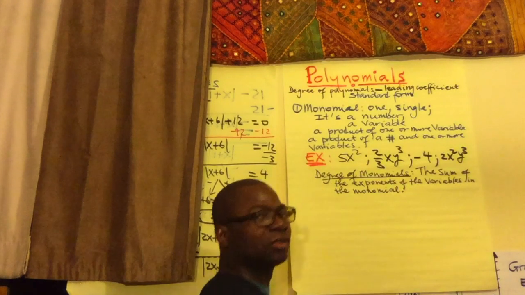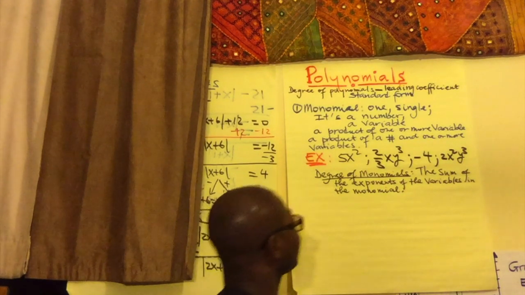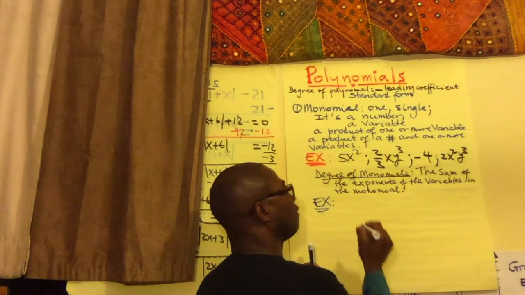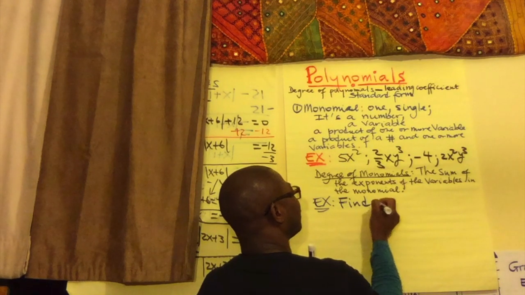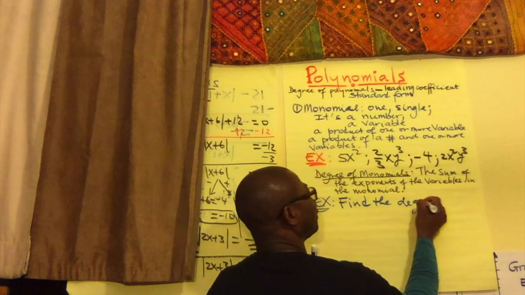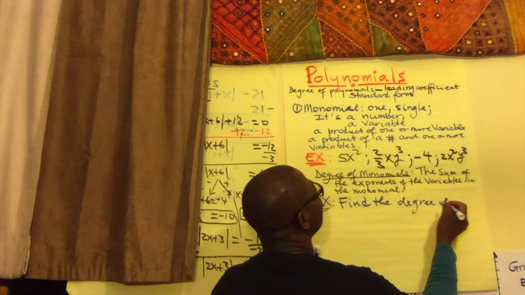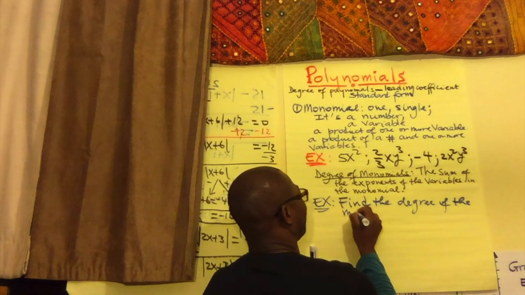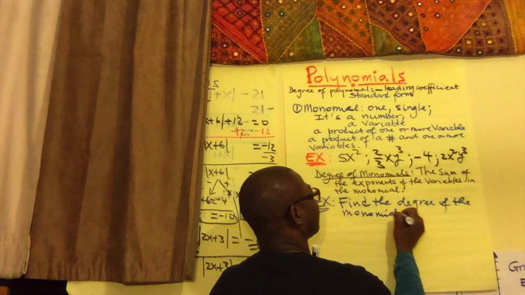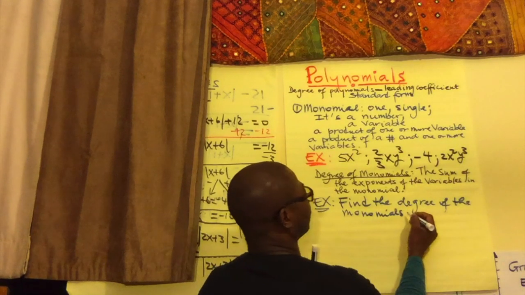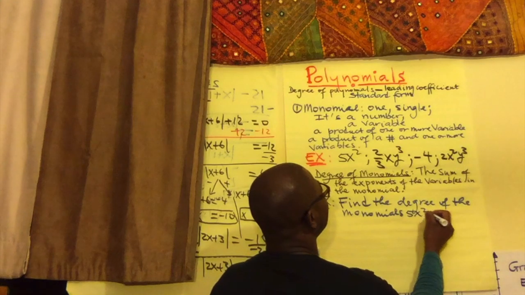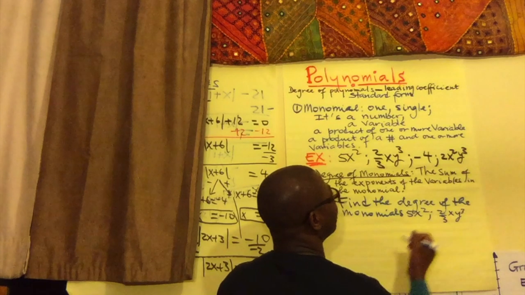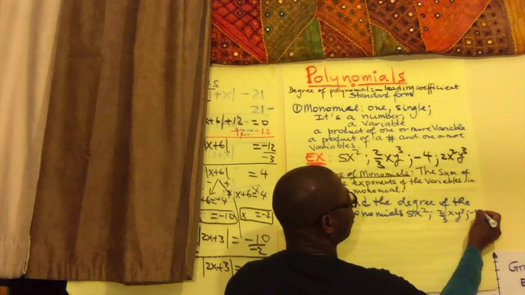Okay. So for example, say find the degree of the monomials: 5x squared, 2/3 of x y cubed, -4, and 2x squared y cubed.